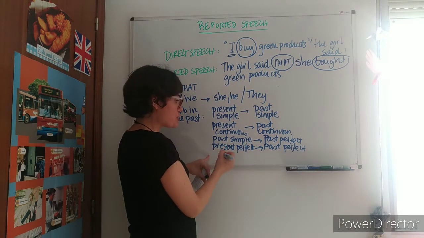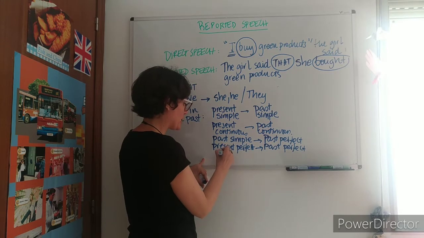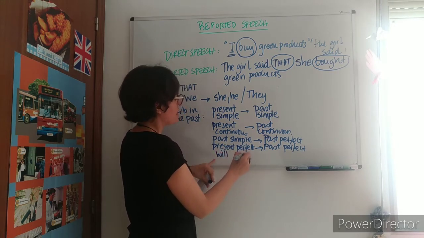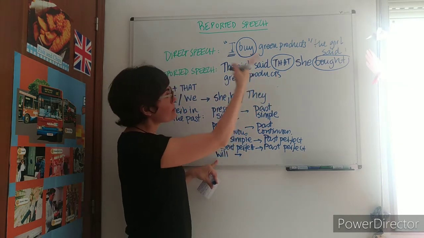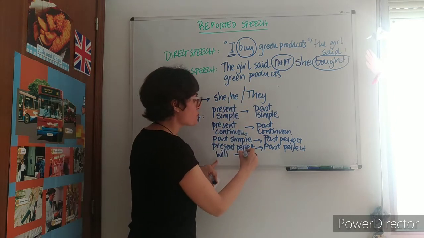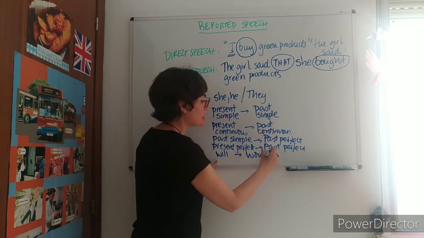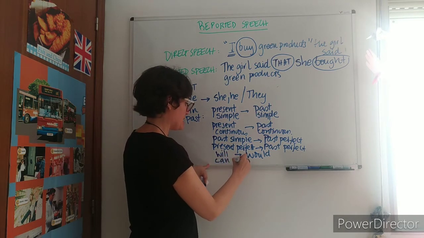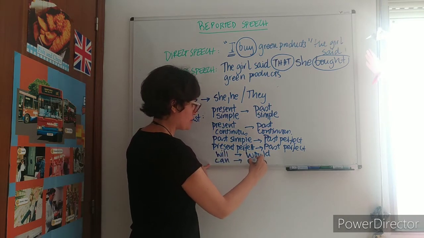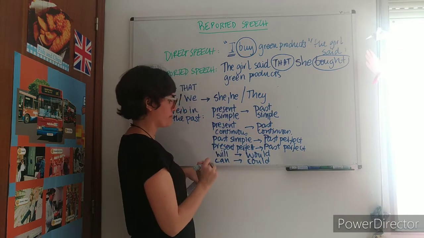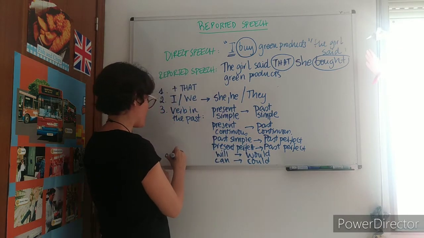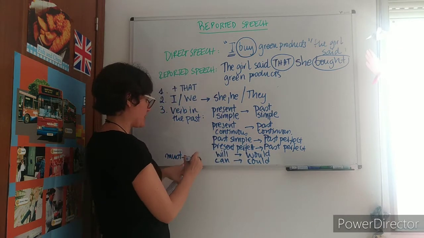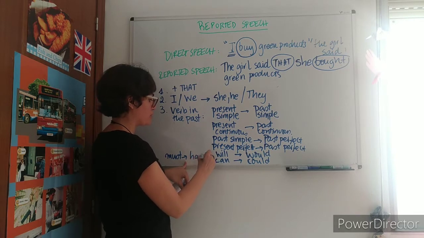Okay? And if it's in the future, will, for example, I will buy, in reported speech we would use would. She would buy. And if we use can, could. And if we use must, in the past it is had to.